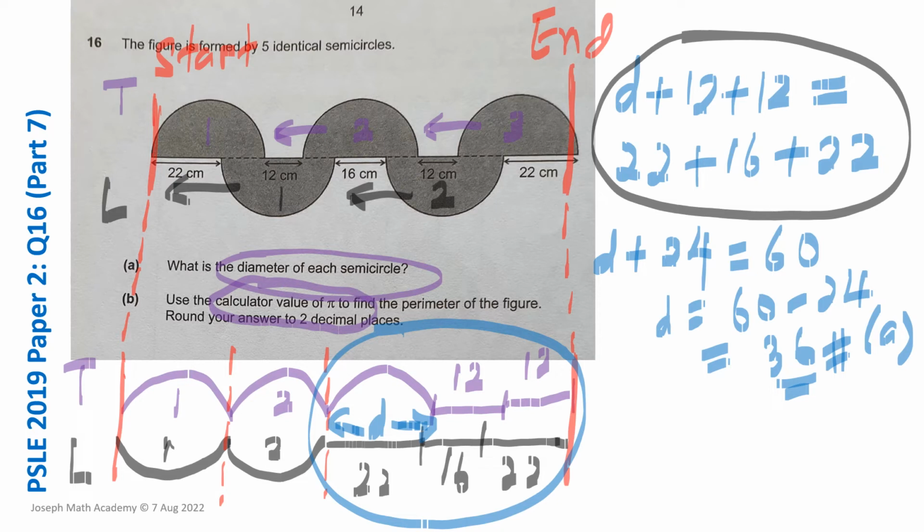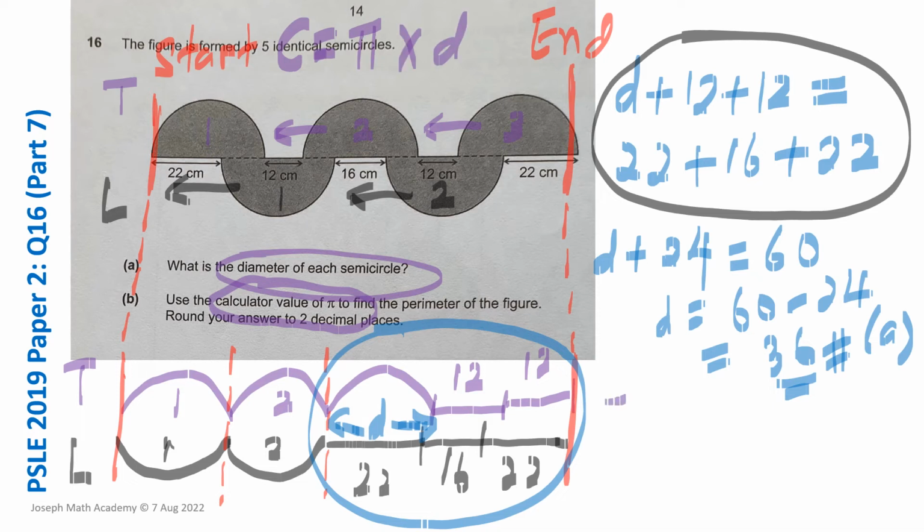Now what is the perimeter of the entire figure? If you look carefully at my sketched figure, we have 5 semicircles, and we know the circumference formula. Circumference is pi times d.